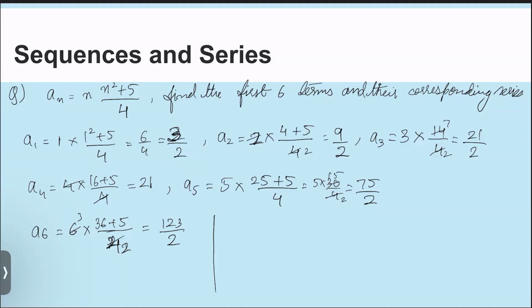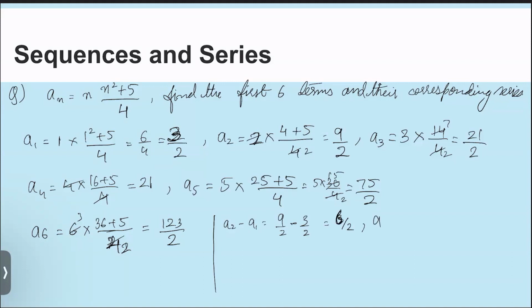Now over here, let's see if we can find any D. So your A2 minus A1 is equal to 9 by 2 minus 3 by 2. So this is 6 by 2.